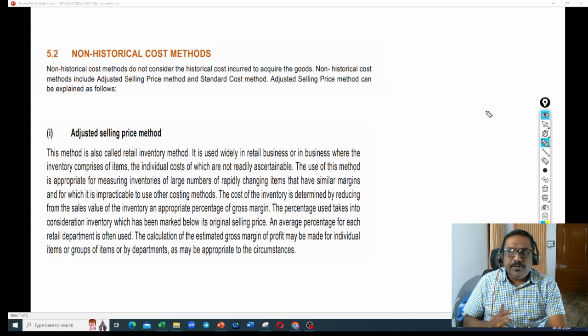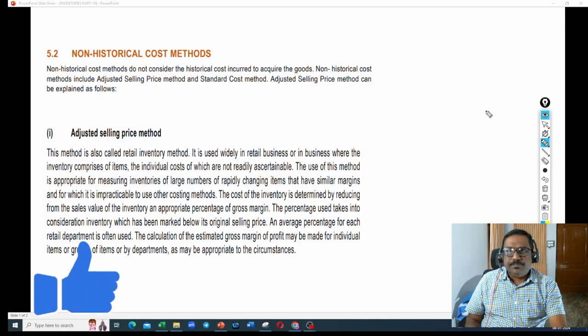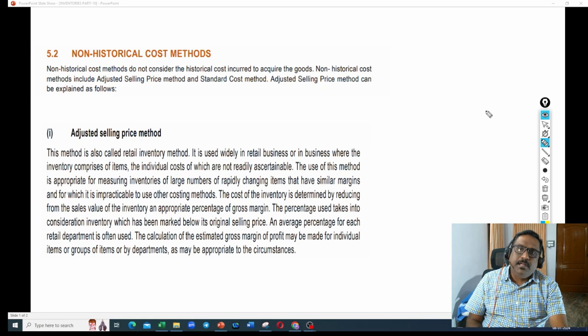For example, if on January 1st I purchased one lot at so and so rate, that rate has been taken into account for the valuation purpose, because January 1st is the historic cost. So if that material is part of my inventory, I used to take that as part of my valuation. In the historic method, we used to take the historic price of those inventories and calculate the inventory value by the end of the month.